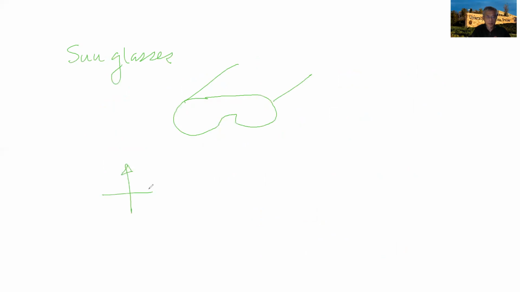We talked about polarization, and it's useful in sunglasses. In the case of sunglasses, if you wear sunglasses, and let's say you have unpolarized light from the sun, so this is from the sun and it's unpolarized, it's coming through here.